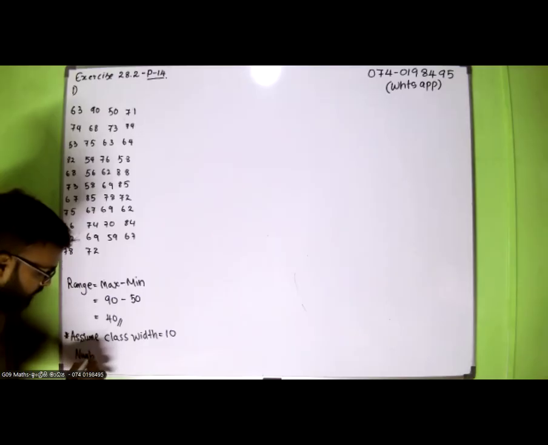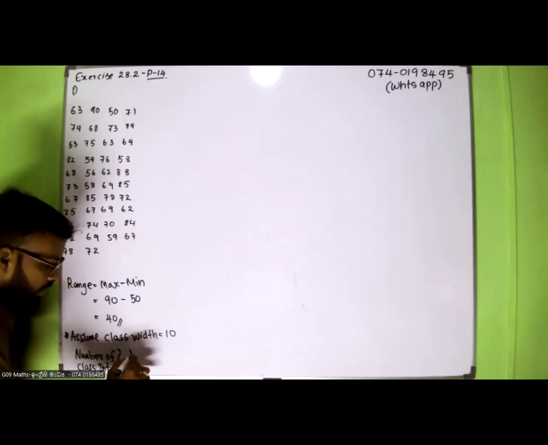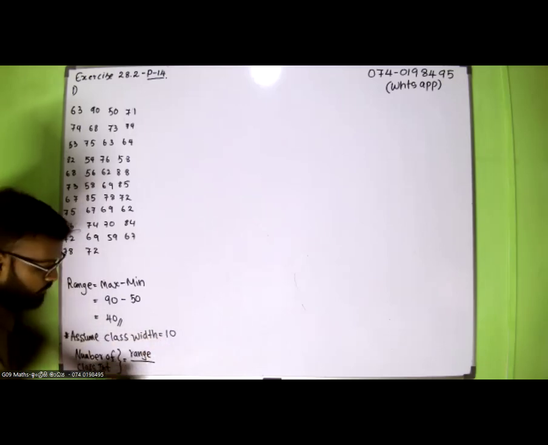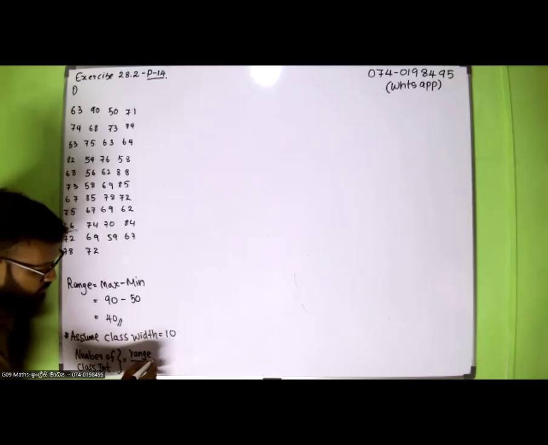Number of class intervals equals range divided by class size or class width.